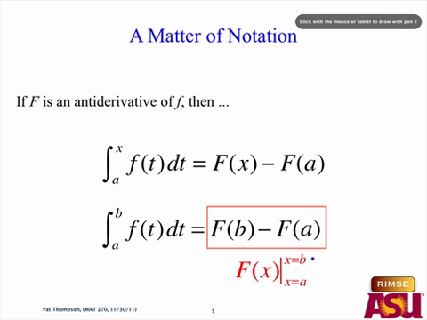So this is another way to express this difference of accumulation values or antiderivative values. You'll see the function, a vertical bar, and then the final value of x on top and the initial value of x on bottom.